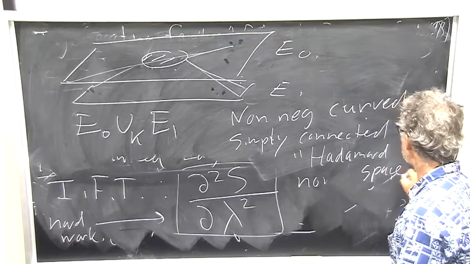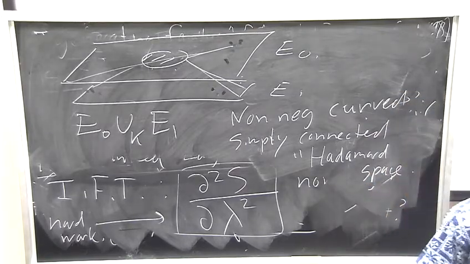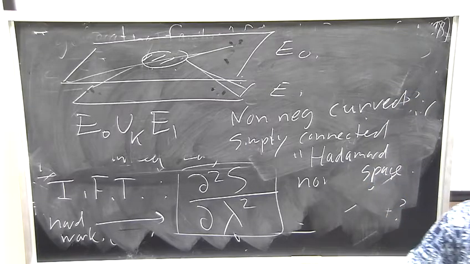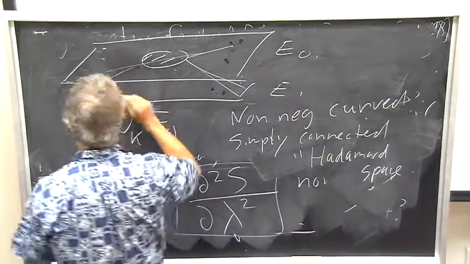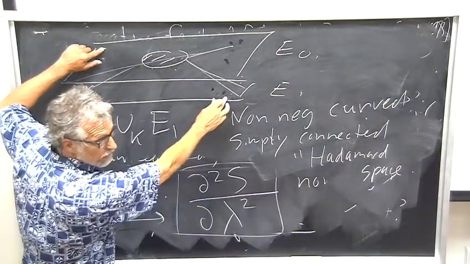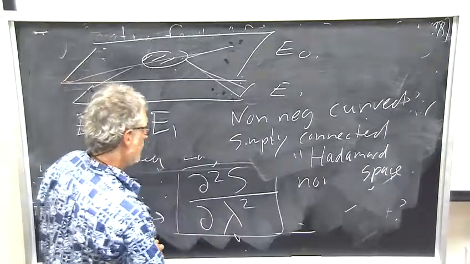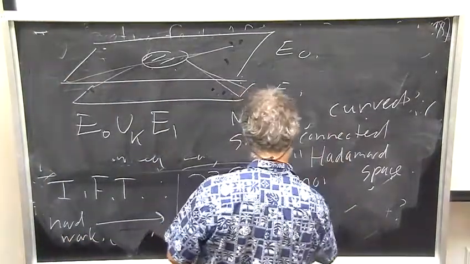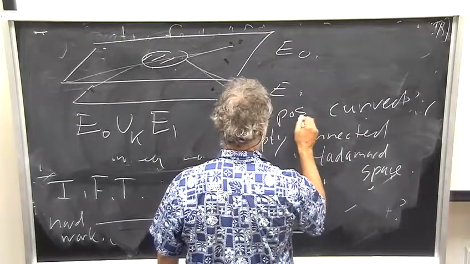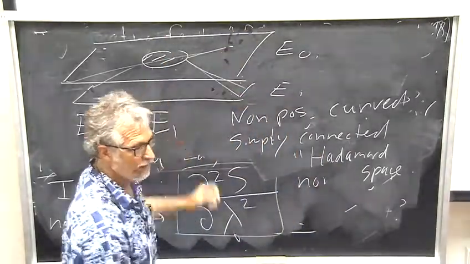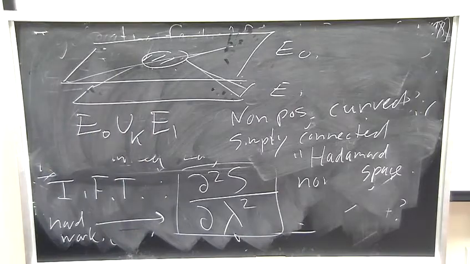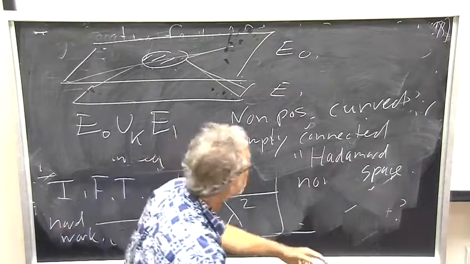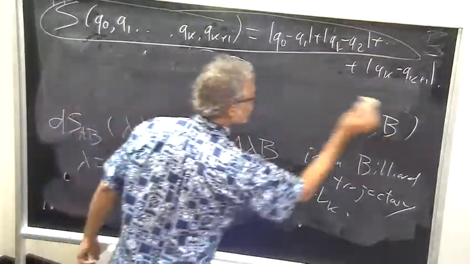And they have unique geodesics between any 2 points, just like hyperbolic space. So if I take a point in this sheet and a point in this sheet, there's a unique geodesic connecting them. Non-positive, thank you. I want to say negative, but it has 0 curvature. Non-positive, yeah. Thank you.